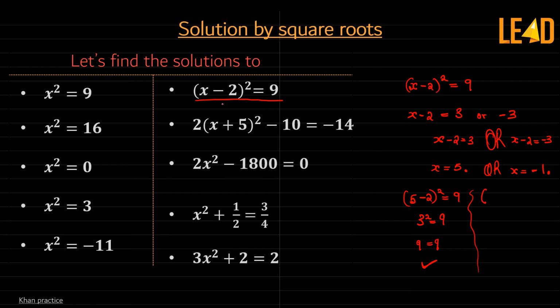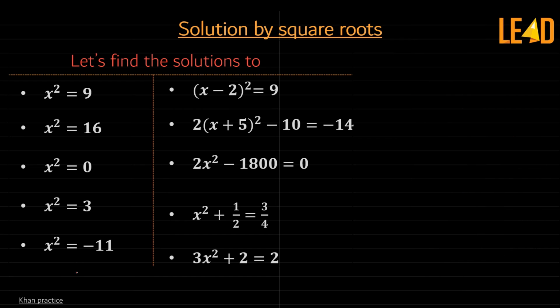We have (negative 1 minus 2) all squared is equal to 9. Negative 3 squared is equal to 9, and negative 3 times negative 3 gives you 9. So 9 is equal to 9, another true statement. So when you take the square root of a positive number, you have two solutions.